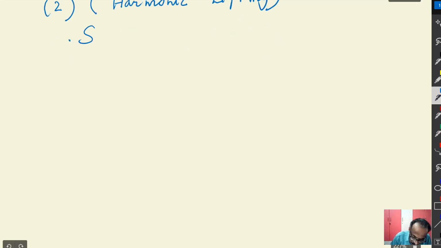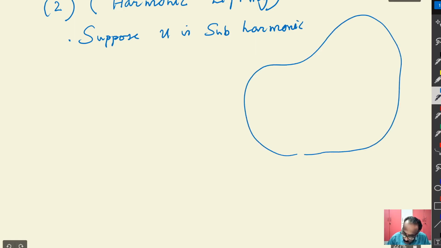Suppose U is subharmonic, and you have your domain omega, and you have a ball B here. So you can restrict your U to B, and then you can lift that part of U as a harmonic function using what is called the Poisson integral.